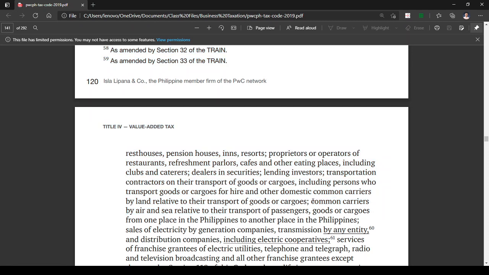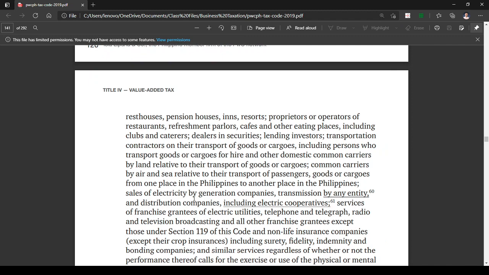Okay? So includes yung common carriers by air and sea relative to the transport of passengers, goods, property, sale of electricity by generation companies. Okay? So yung mga electric companies natin, they are considered to be a service provider.